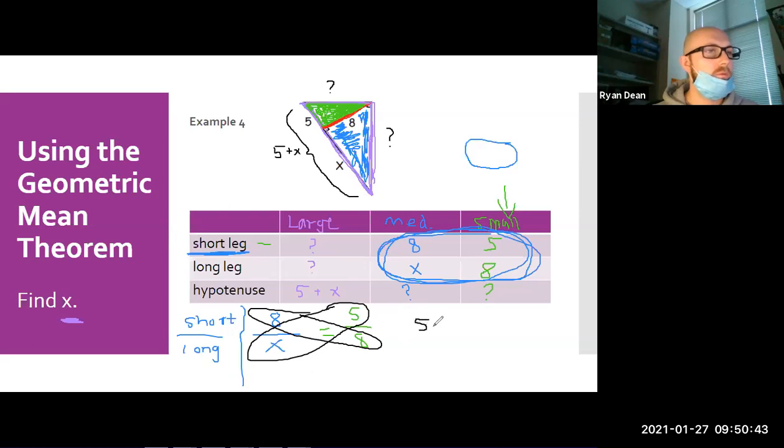On one side, I have 5 times x, and that's equal to 8 times 8. And that gives us an answer of 12.5.